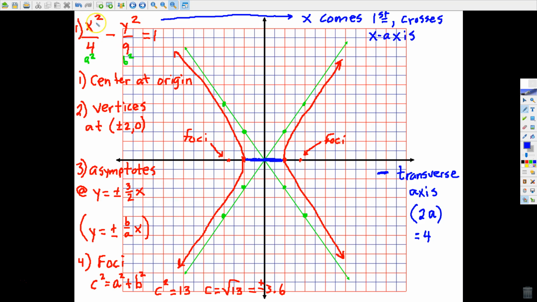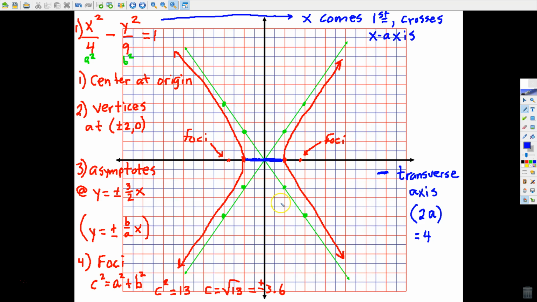So pay attention to the variable that comes first. When x leads, and the center is at the origin, you're going to be crossing the x-axis only. And the way we make these curves is we're going to sketch a rectangle, and I'm going to show you how that works in just a minute.